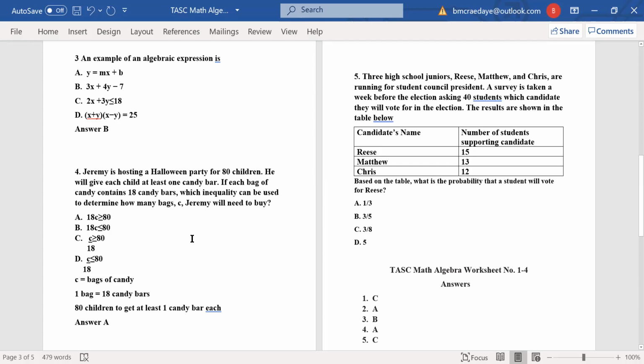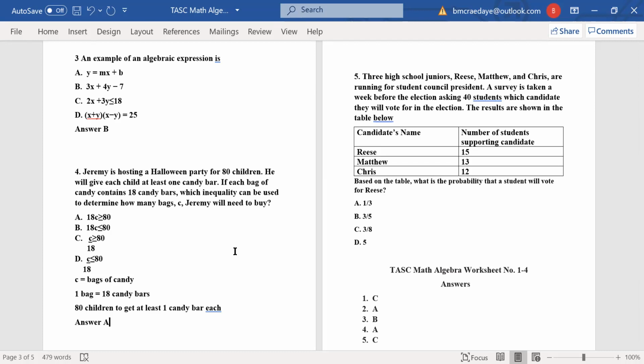Vanessa, is that how you figured it out? Yes, Miss Barbara, that's what I was looking at. Because you need at least 80 bars, so 18 into 80 would be how many? That's how many I'd have to have for each one to get at least a candy bar.